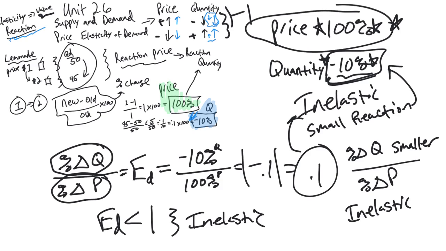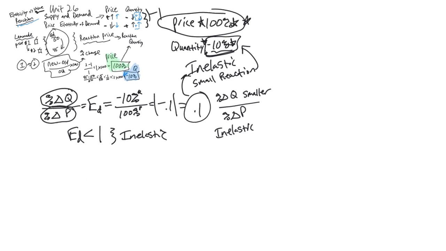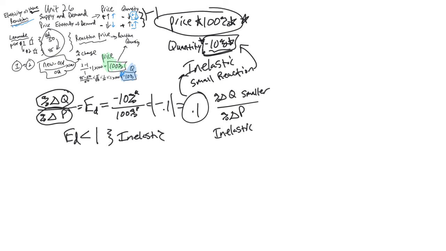Let's show that one more time with a different set of numbers. Say the price change was positive 10%, and the quantity change was negative 5%.